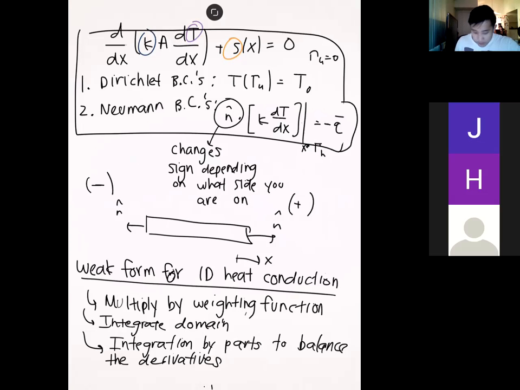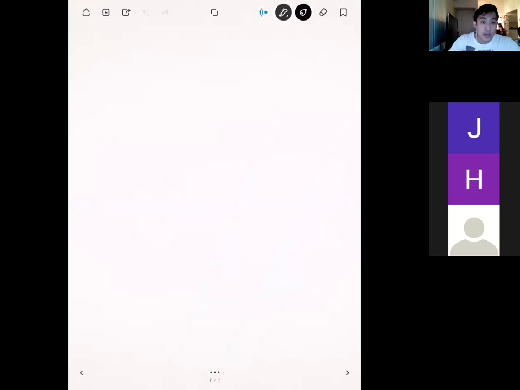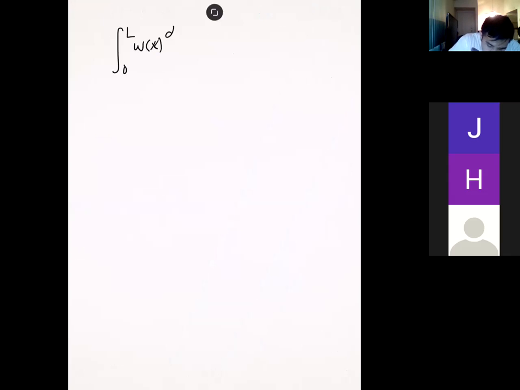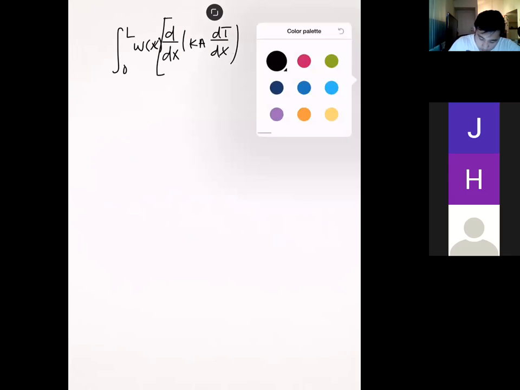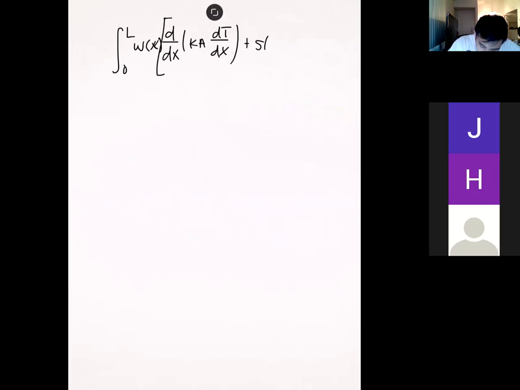Okay, so if we take our differential equation that we have at the top here, I'm going to multiply it by w of x and then integrate. Okay. And so if we do that, we get the following. So we have the integral from 0 to L of w of x times d dx of k a dT dx, plus s of x, okay, and this is dx, and all this is equal to 0.